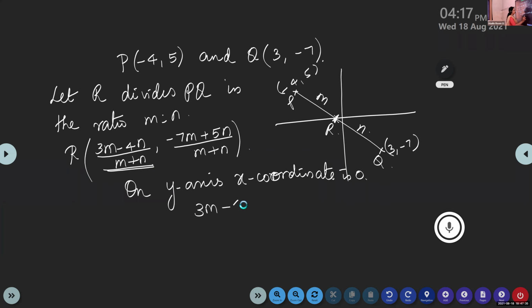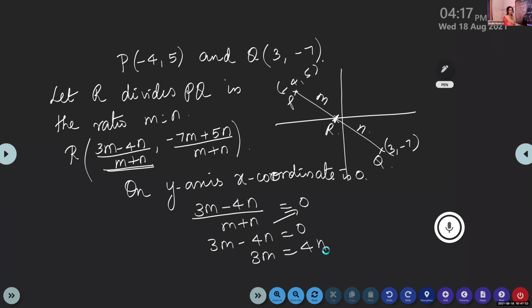So (3m minus 4n) by (m plus n) is 0. When you cross multiply, 0 into anything is 0. So we get 3m minus 4n is 0, so 3m is equal to 4n.